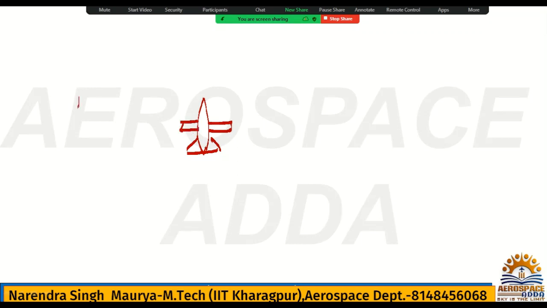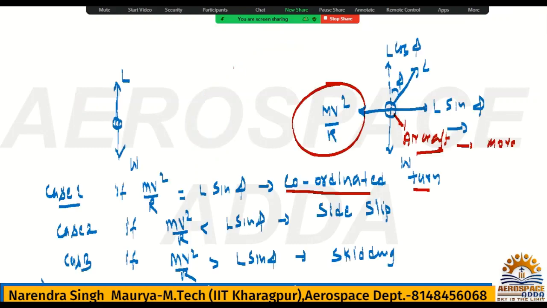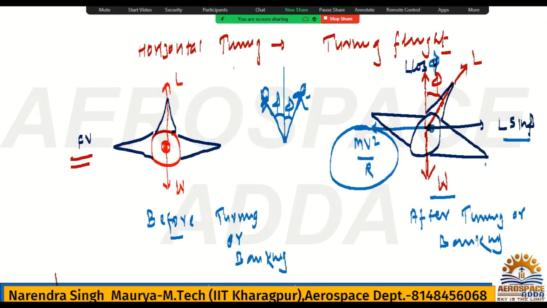Now this aircraft is going to turn like this. Got my point? This was the front view. Now this is the top view.